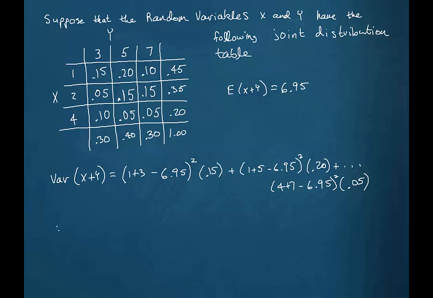And when we do this, what we're going to find is that the variance for these two variables, x and y, will turn out to be 3.4475.